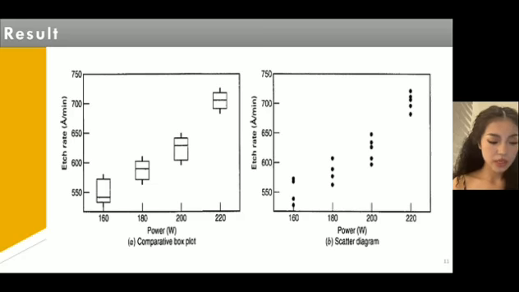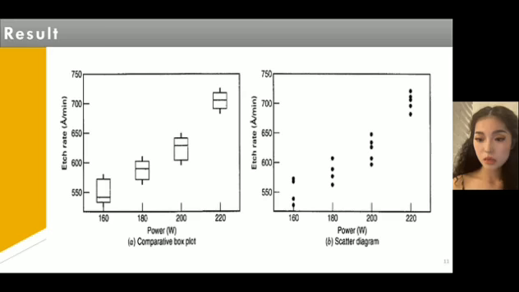For the results, it's always a good idea to examine experimental data graphically. You can see Figure A presents box plots of etch rate at each level of RF power, and Figure B presents a scatter diagram of etch rate versus RF power.